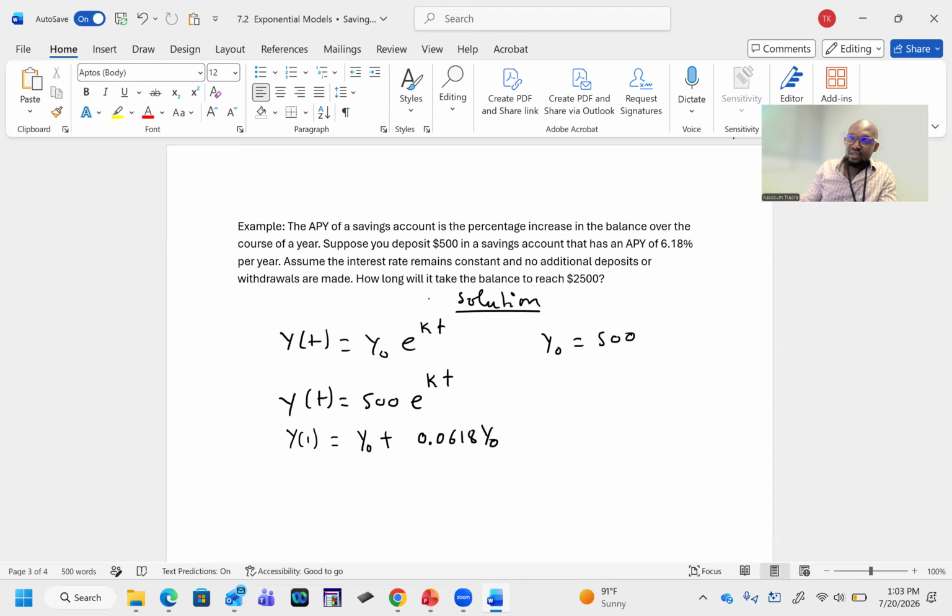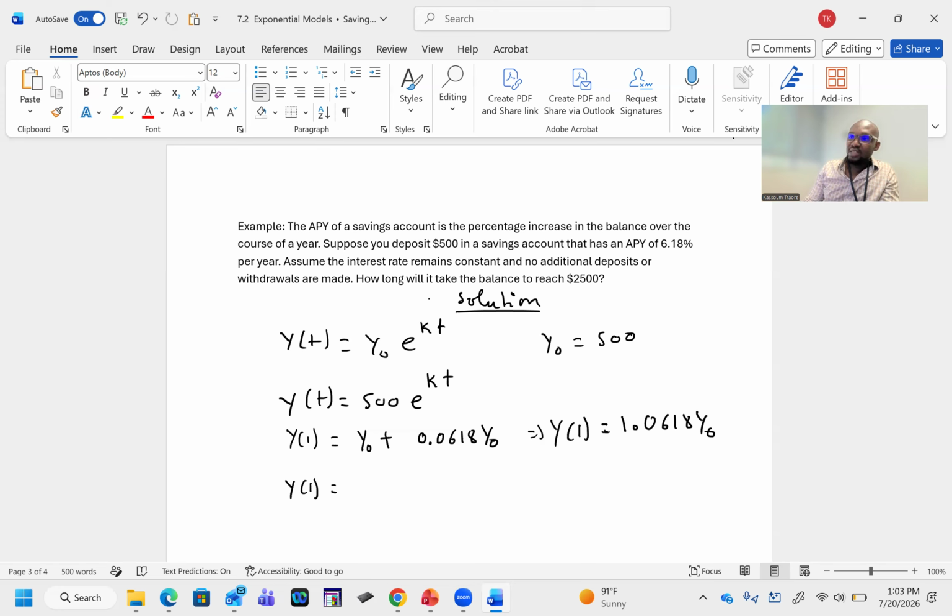So if I combine this, our y1 will be equal to 1.0618 y0, right? And y0 is given, which is 500.